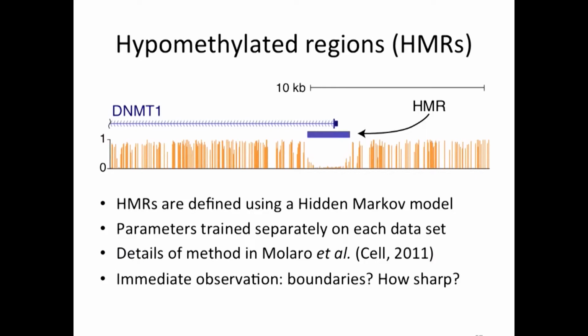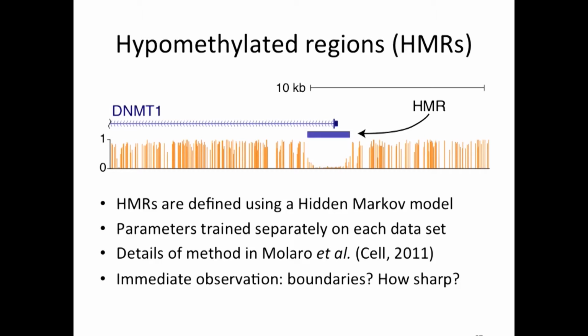So as I mentioned, we're interested in hypomethylation as a signal of interest. So Andrew has worked very hard to define a hidden Markov model that will identify HMRs. And if you're interested, we can certainly go into more specific detail about this model.